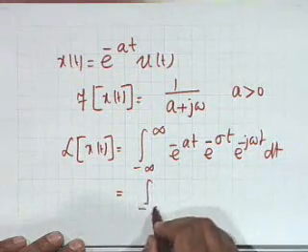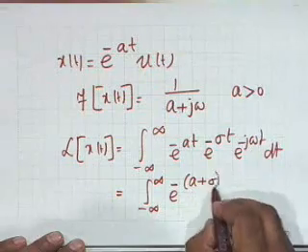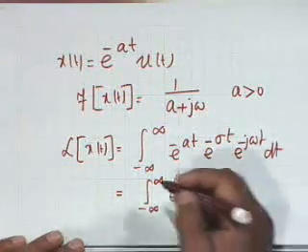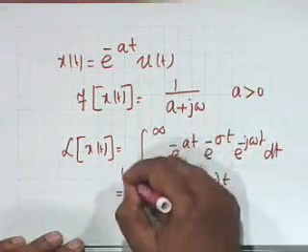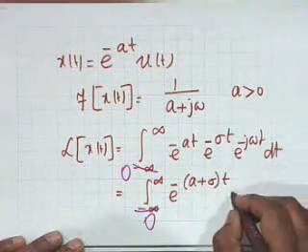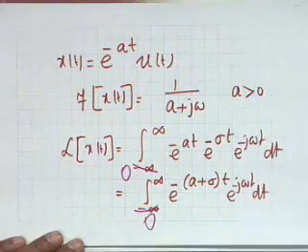Therefore this is the integral from minus infinity to infinity of e to the minus (a plus sigma) t, u of t, and therefore we take this as 0 to infinity. So the lower limit becomes 0, and we have e to the minus j omega t dt.